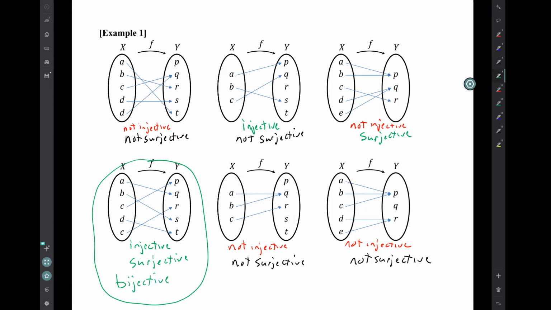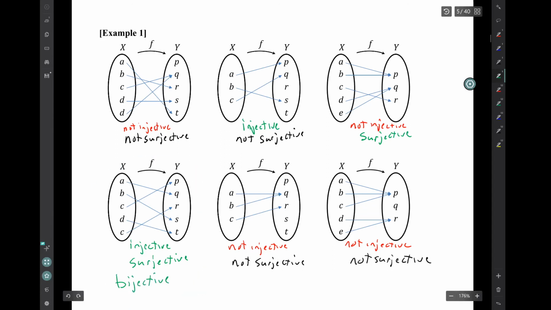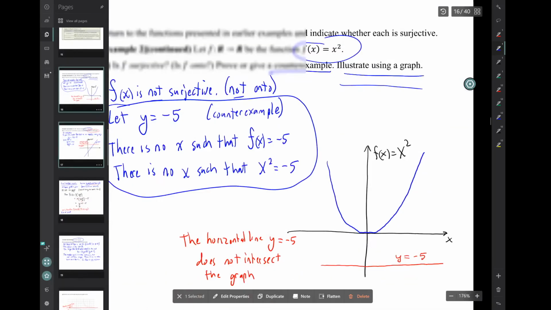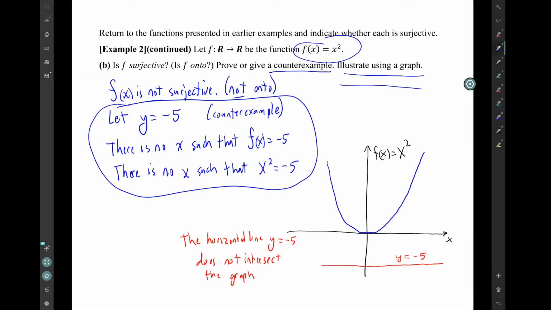All of the other ones fail one or the other. Now let's go look at example 2. Example 2, we were looking at the function f of x equals x squared. We saw that it was neither injective nor surjective, so it's not a bijection.